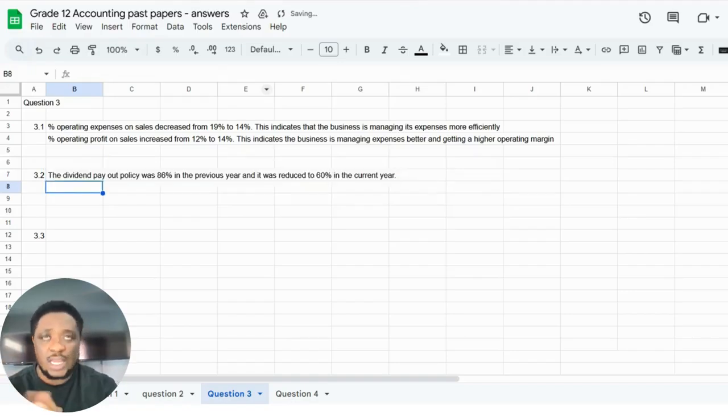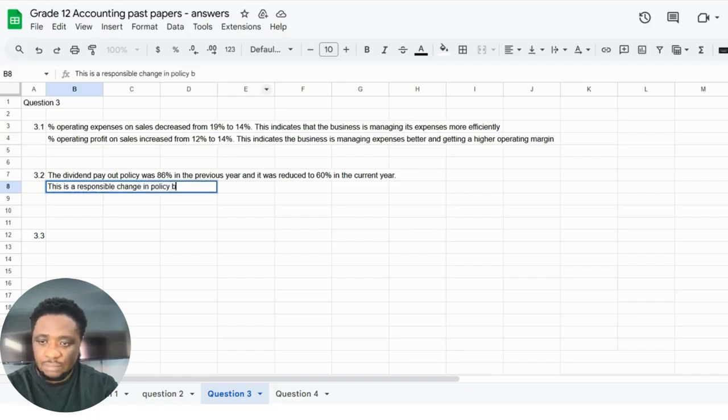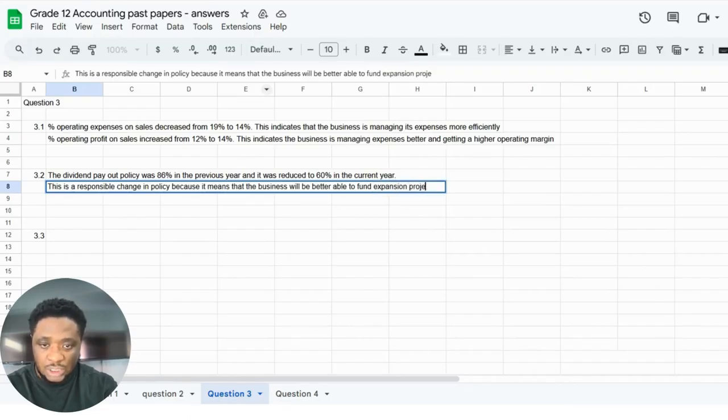And then now the next step is to basically give a reason why this is a responsible thing to do. This is a responsible change in policy because it means that the business will be better able to fund expansion projects from its own profits, right?